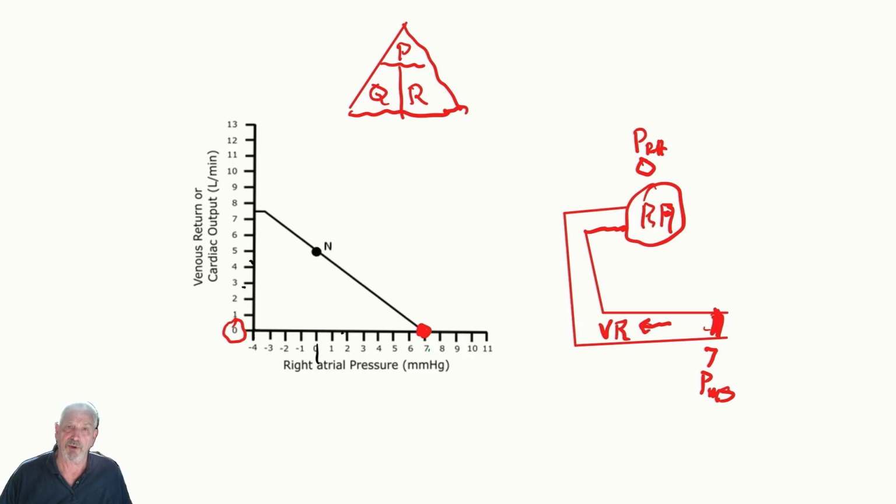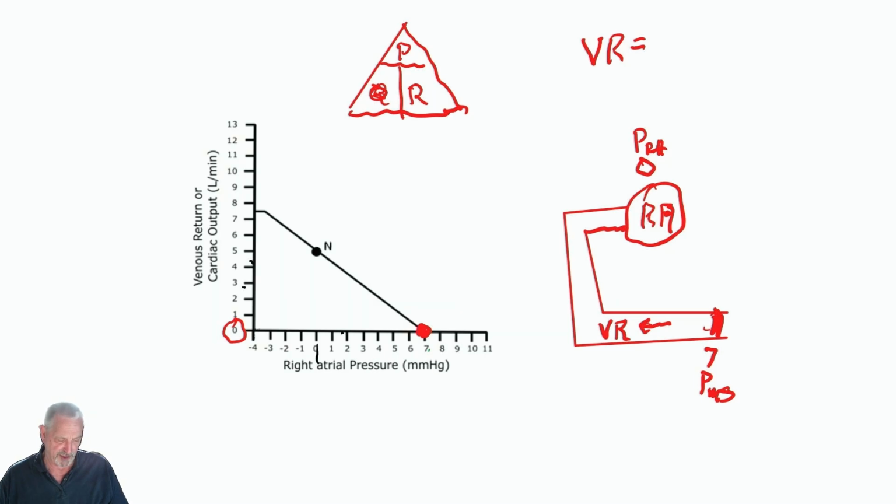Let's try and put that notion onto the diagram here. We're going to cover up our flow, and we need a pressure drop over a resistance that drives venous return. So venous return is equal to the pressure head driving return.